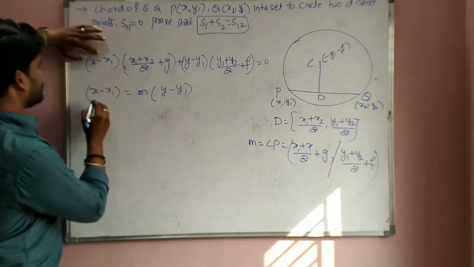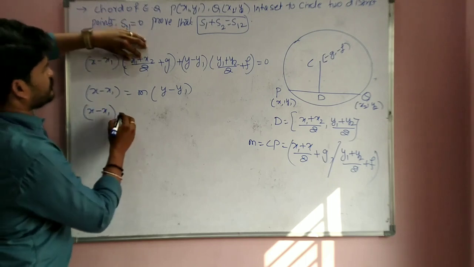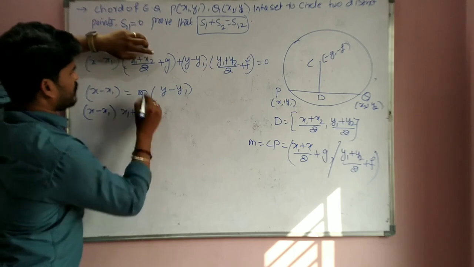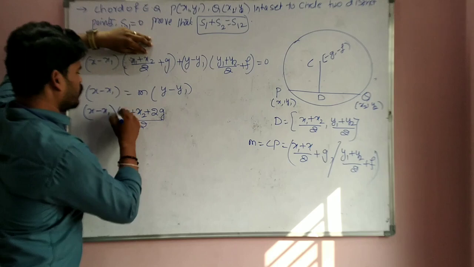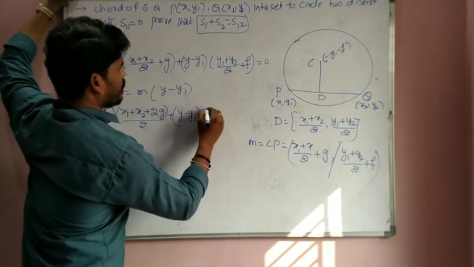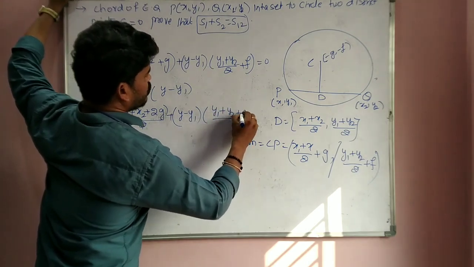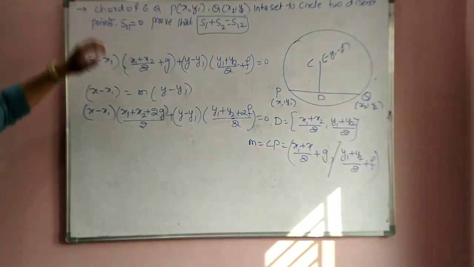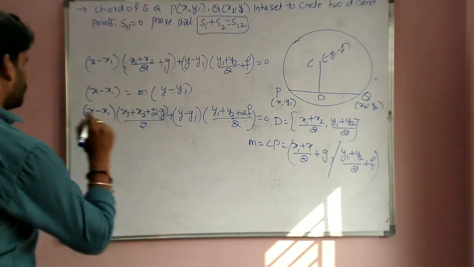Therefore, (x - x1)((x1 + x2)/2 + g) plus (y - y1)((y1 + y2)/2 + f) equals 0, with cross multiplication giving 2g over 2 and 2f over 2. The 2 is the denominator, so transferring it to the other side we get 0.